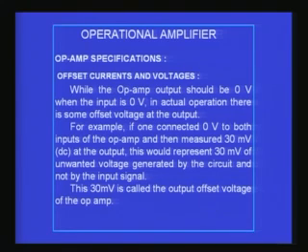So, for example, if one connected 0 volts to both the inputs of an op amp and measured 30 millivolts DC at the output, then this 30 millivolts of unwanted voltage generated by the operational amplifier circuit itself, without any input, is what is called the output offset voltage of the amplifier.